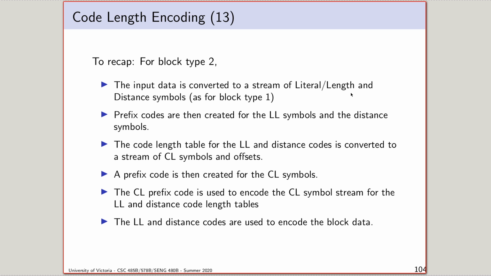I look at the CL symbols, 0 through 18, and I compute a prefix code for them. And then I use that prefix code to encode this stream of CL symbols, not the offsets, just the CL symbols. And then I've now actually been able, as of here, to finally store into my bitstream the code length tables for my LL and distance codes. So finally, I can encode the block data.